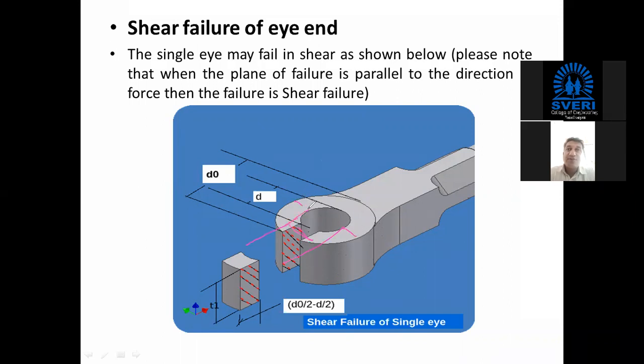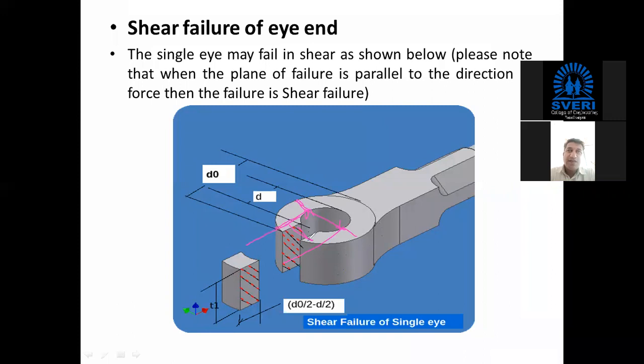Due to tensile load, failure will occur here, but due to shear, this part will get sheared out, will come out with the pin. So this area which is undergoing the shear, we are going to consider this as the diameter of pin, and this much area will come out, right?